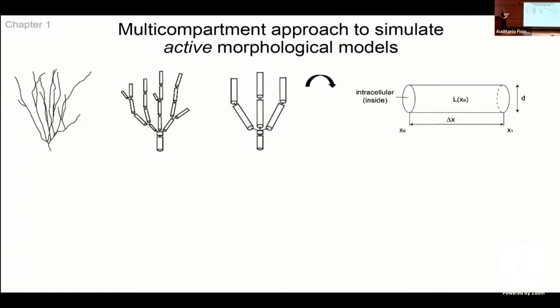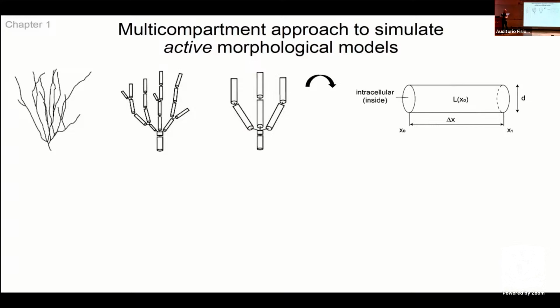Of course, it's an idealized shape here. You don't see it here, it's just a cylinder, but there's tapering. I apply a tapering so that it gets smaller to the tip. There's a quadratic taper. In our group, I do mostly these multi-compartmental modeling.